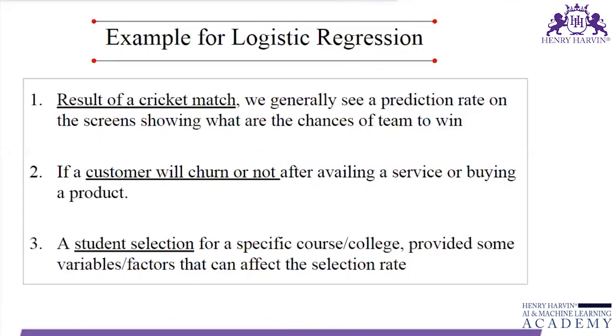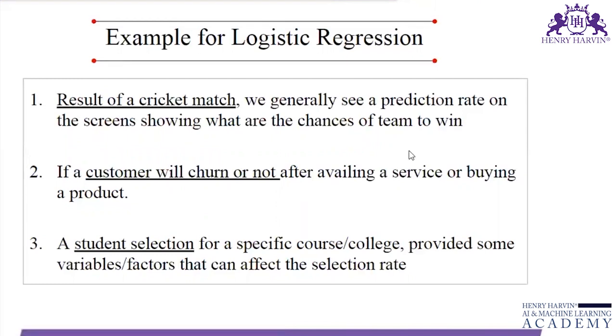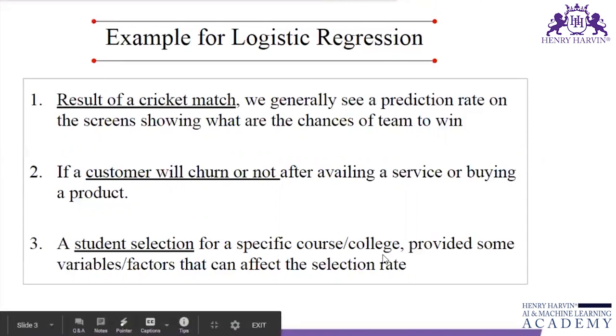Similarly, whether a customer will churn or not after availing a service or buying a product, or a student selection for a specific course or college, given some variables or factors. In today's time, in online courses, people generally take information regarding students' earlier results, grades and colleges. So it helps in the selection rate of that student for that course.